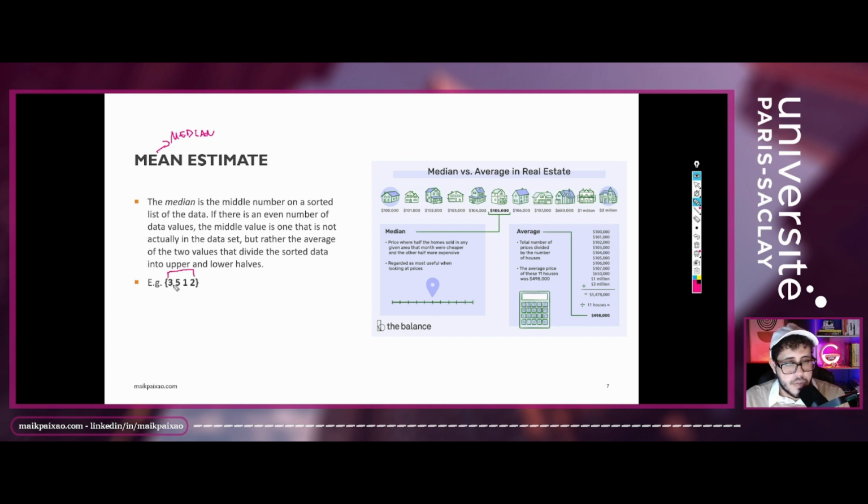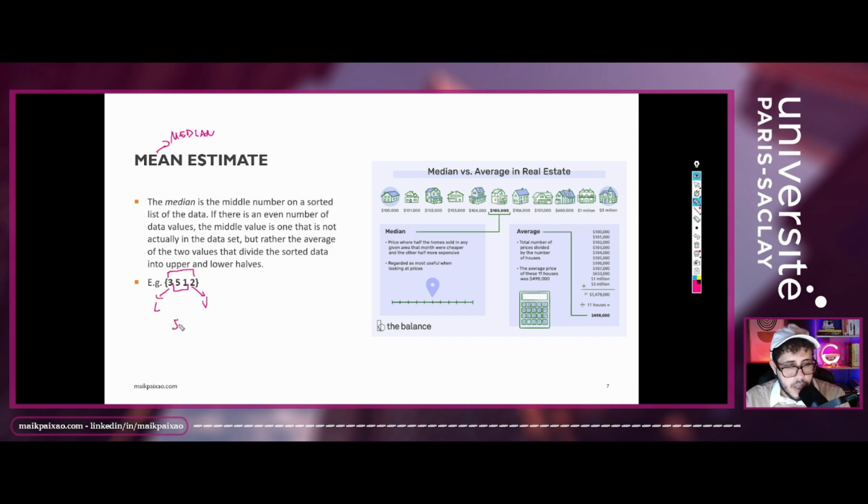So we get the two values that divide the set into lower and upper halves. So here we have 3 as the lower half, okay, and 2 as the upper. And the values that divide the set are 5 and 1. So we get these values and get the average of both.